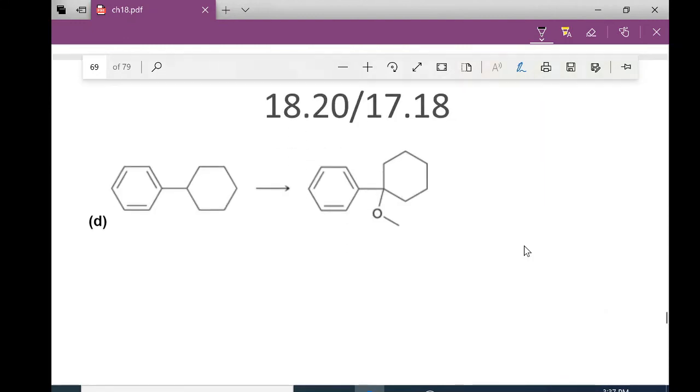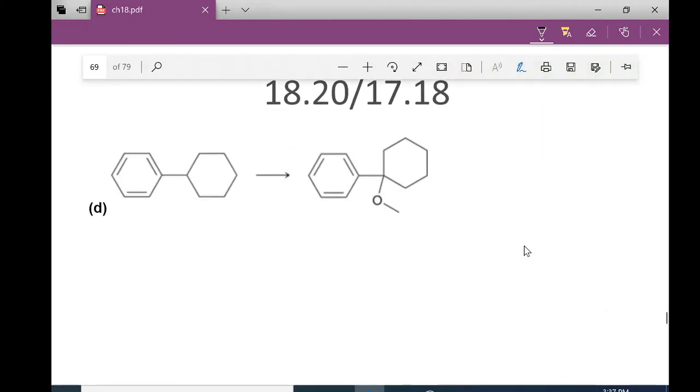We got another one. So to go from starting material to product, this one looks a little bit hairier than it really is. So first, notice that this is a benzylic position, and we do in fact have a hydrogen on here. So let's use NBS and heat to introduce some functionality. Okay, so now we're going to put a bromine on here.